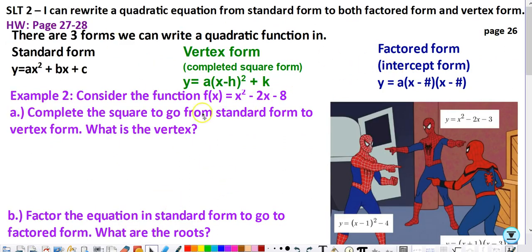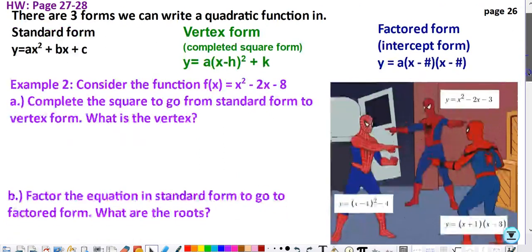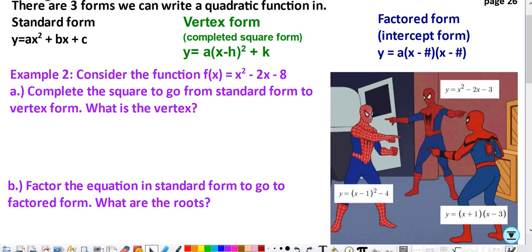All right, we got another example on the next page. Complete the square to go from standard form to vertex form. And now, what is the vertex? So let's do that. I'm going to move the constant to the left-hand side.